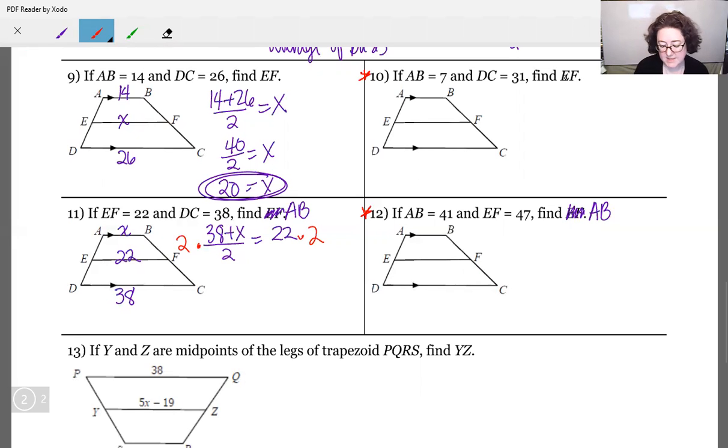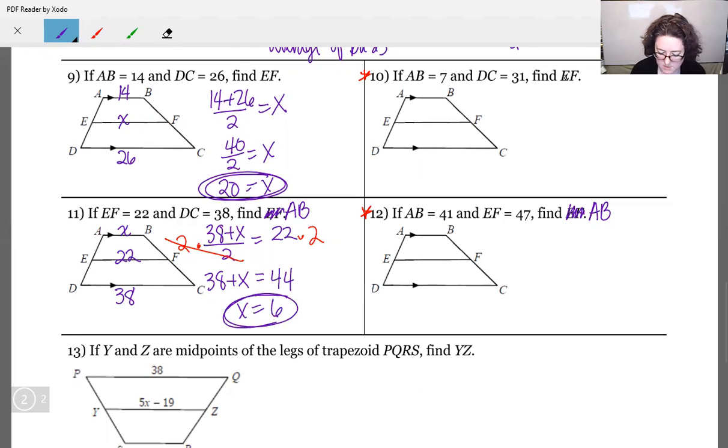All it does on the left is cancels out the fraction, and it leaves us with the numerator, 38 plus X. On the right-hand side, we multiply 22 times 2, we get 44. And now all we need to do to solve for X, subtract a 38. So X equals 44 minus 38, otherwise known as X equals 6. And that is our length of AB.